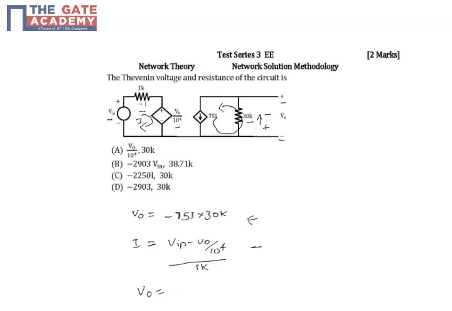So V0 is equal to minus 75 into V in minus V0 by 10 power 4, divided by 1 kilo, into 30. So this will go off. We have just 30 here.